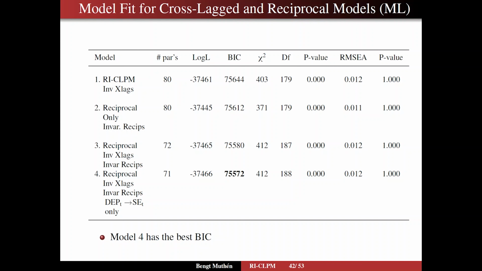Slide 42 then. You have the same set of models, and here now we see that the degrees of freedom increase quite a lot because of the 11 time points.